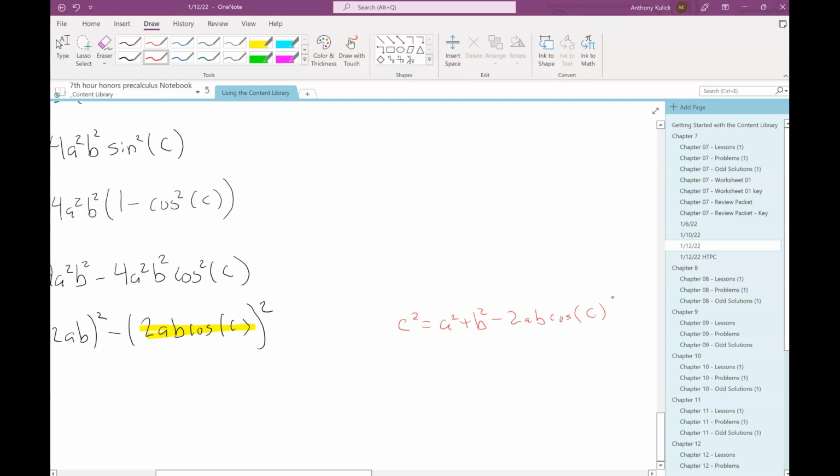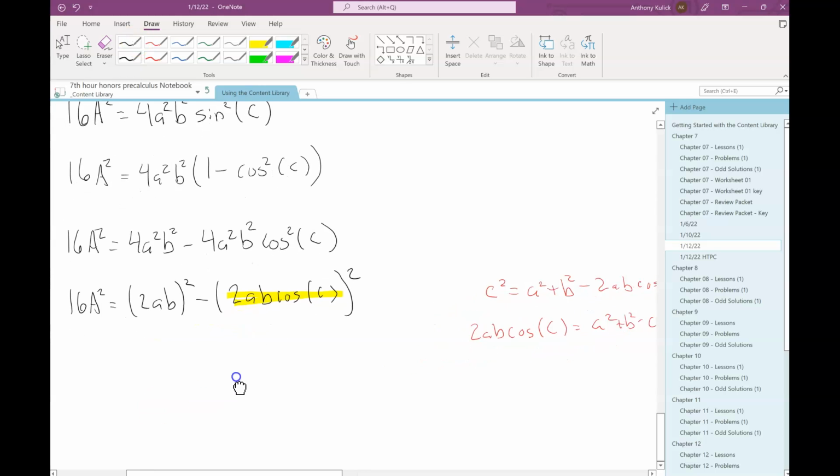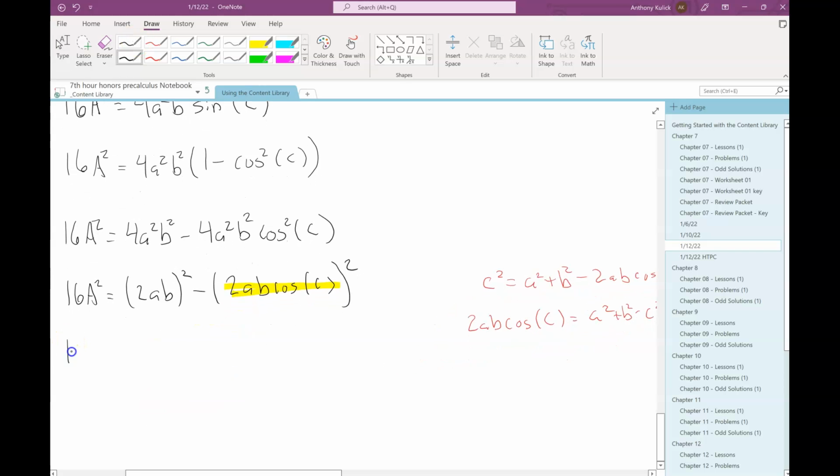So if I take my law of cosines, I can add that 2ab cosine c over to one side, and then subtract the c squared to the other side. So I'm going to make that substitution here before I factor my difference of 2 squares.